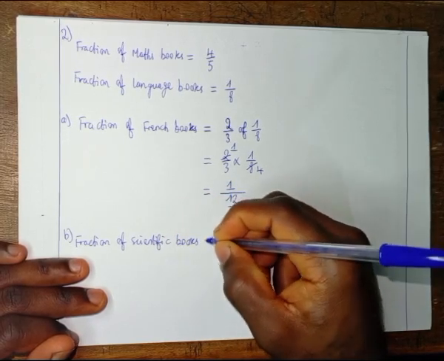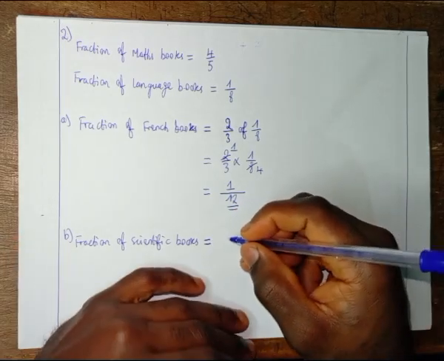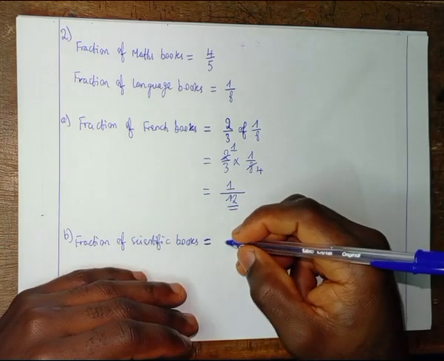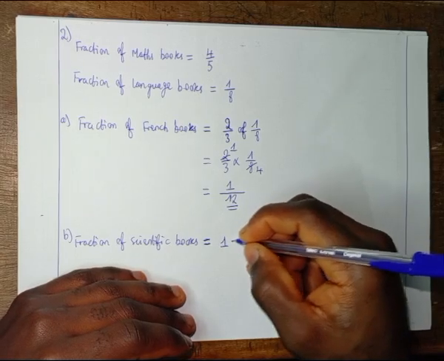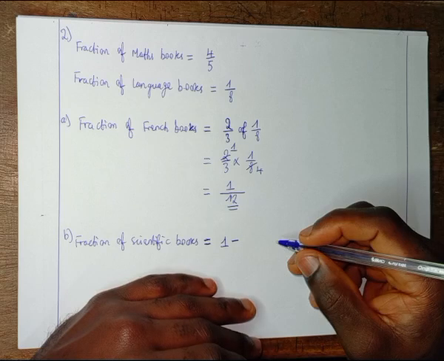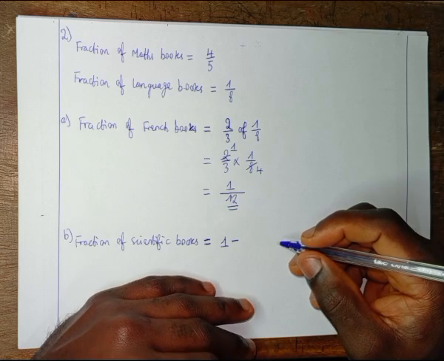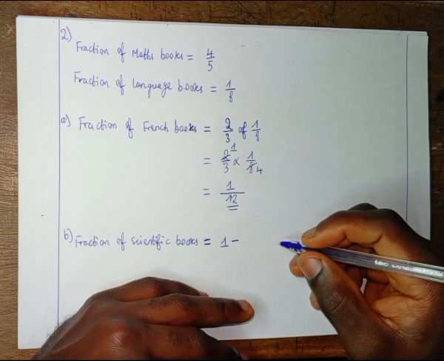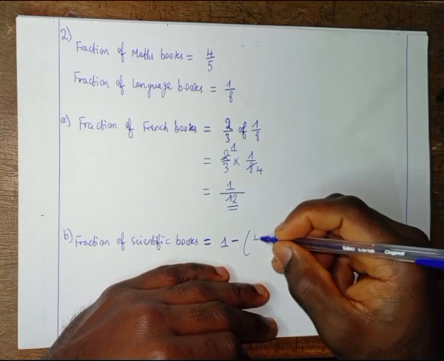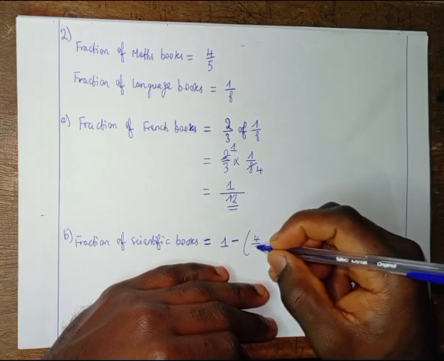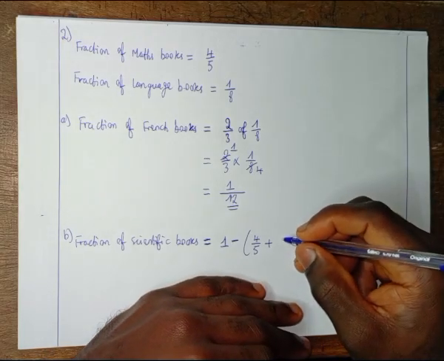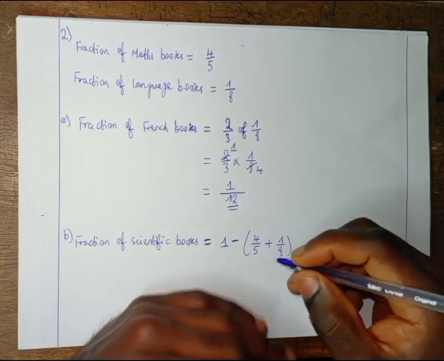Fraction of scientific books. It will simply be equal to, we know that it is a whole, the shelves. We are going to take 1 minus the fraction of math books and the fraction of language books. This will give us 1 minus 4 feet plus the fraction of language books, which is 1/8.